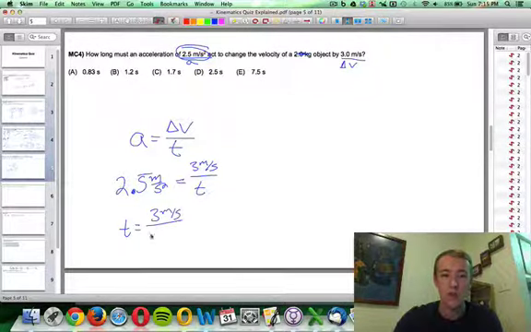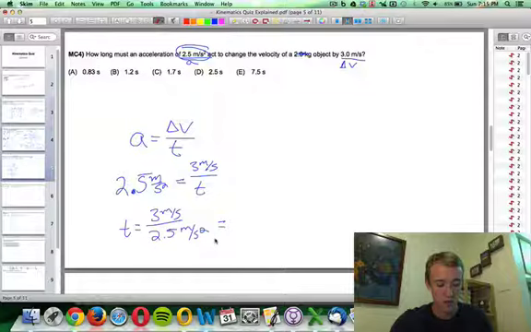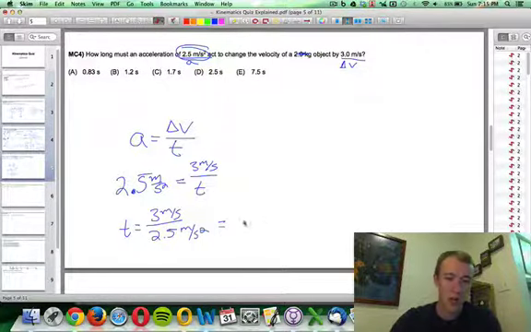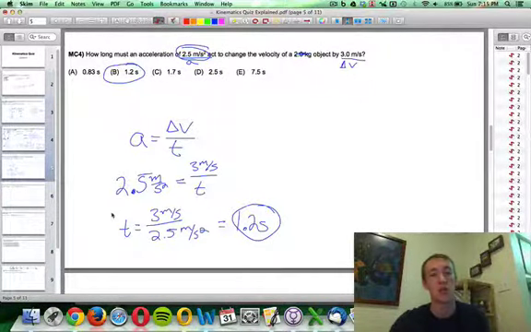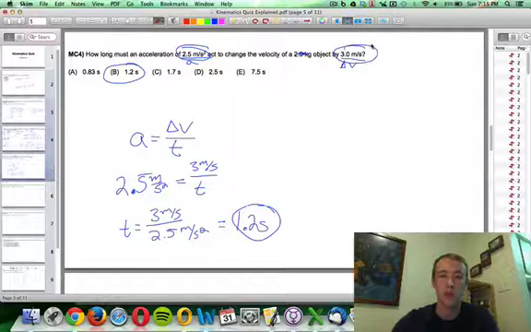But what you'll see here is how much time that'll take. Units all cancel out, so you end up with just seconds. And you find that this takes 1.2 seconds right there. So our answer again is B. It takes 1.2 seconds for an object with an acceleration of 2.5 meters per second to change by 3 meters per second. Good. Let's move on to 5.